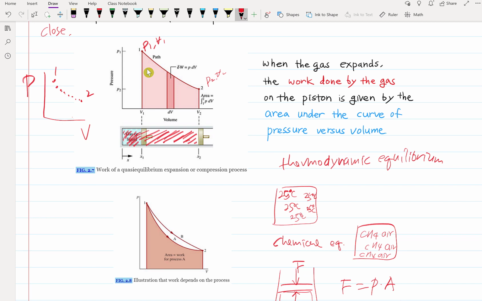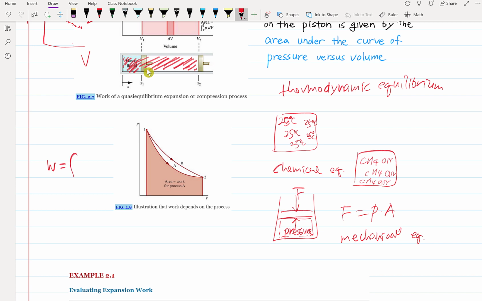So we can define the path between the states. So why do we need the quasi-equilibrium concept? It is easy to analyze the system with the idealization.